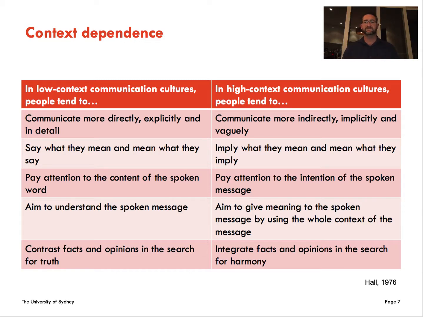The aim here is to give meaning to the spoken message by using the whole context for the message. And here what you're doing is trying to integrate facts and opinions to search for harmony. And by harmony, I mean harmony between incongruent elements.